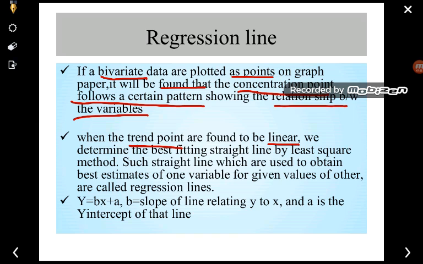We draw a best fitting straight line by the least square method. Such straight lines help us obtain the best estimate of one variable for a given value of the other variable, and this is said to be the regression line.